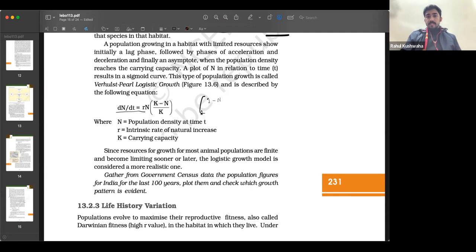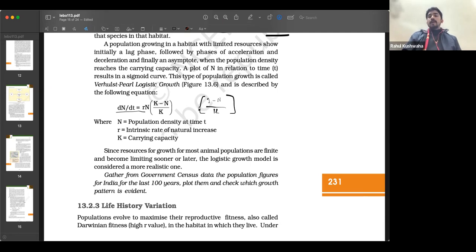This 1 - N/K, if you just solve it, will come as (K - N)/K, right? You understood? Basic mathematics. So if I solve this, it will be (K - N)/K.